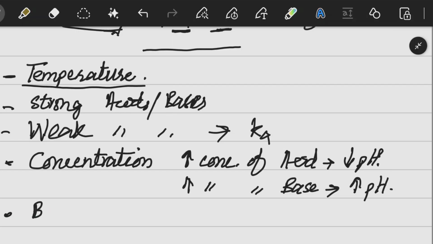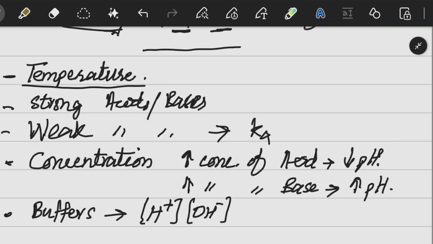And finally, in case of buffers, we cannot use these equations to calculate their hydrogen ion or hydroxide ion concentration, because buffer solutions are a mix of both acids and bases. So for that we use the Henderson-Hasselbalch equation.